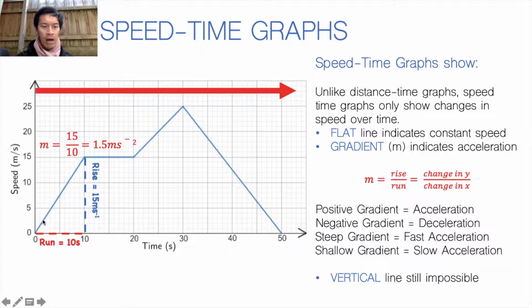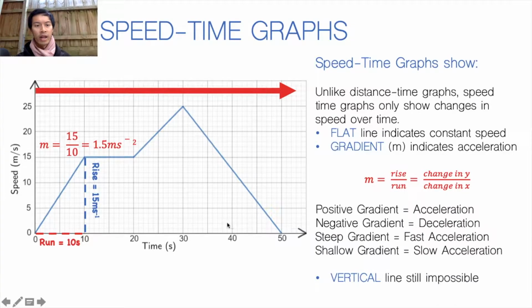Okay, now in this graph here, the positive gradient will indicate an object's acceleration, whereas a negative gradient, for example this one here, will indicate a deceleration. The car is slowing down. So it's still moving in the same direction, but it's moving at a lower rate. Okay.